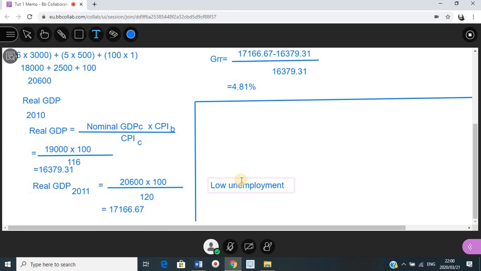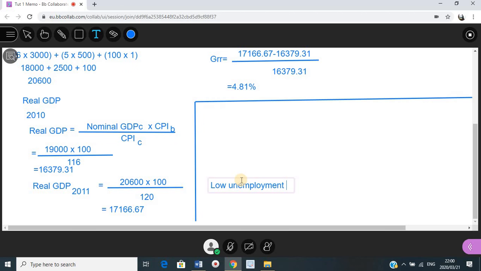If the firms are demanding more labor, we have some sort of disequilibrium in the labor market. This gives power to workers or employees, for them to see that, okay, it's fine, there is no labor supply.